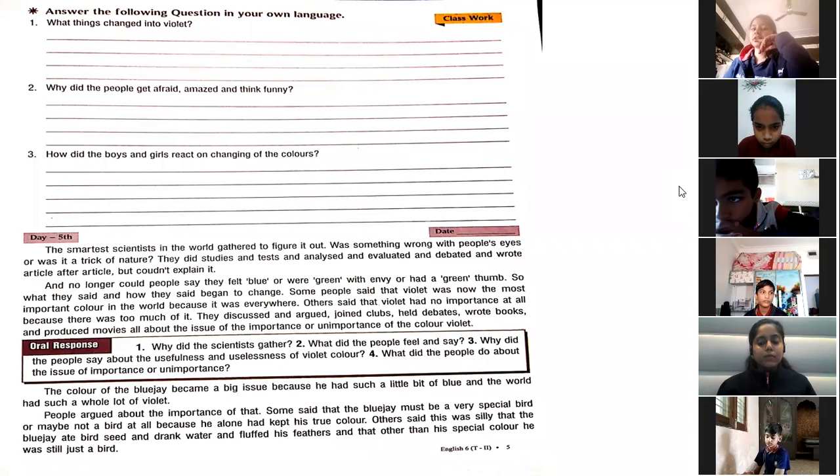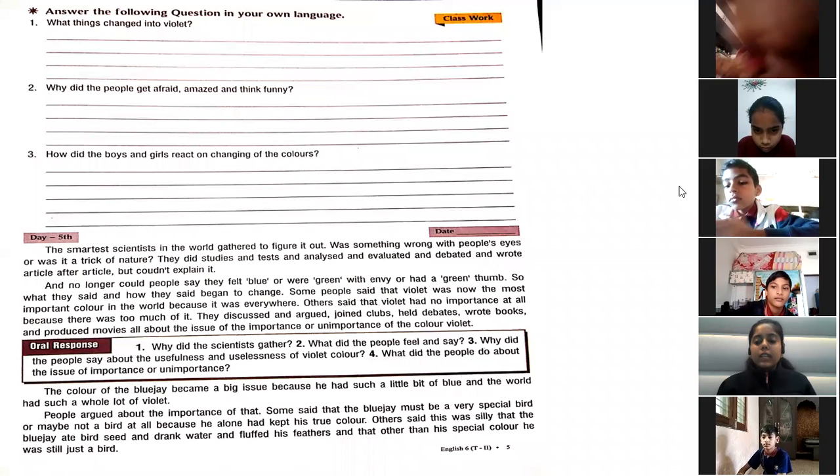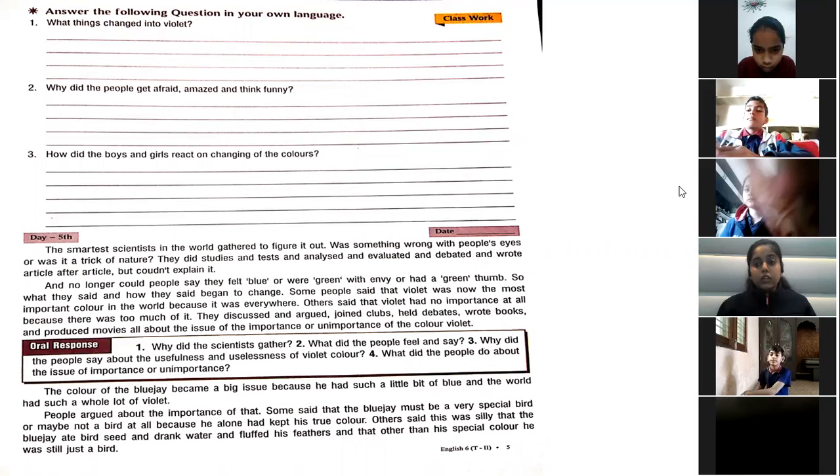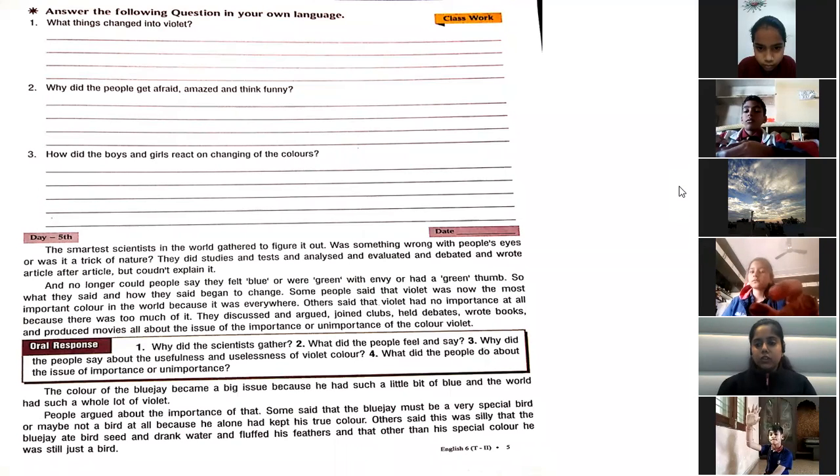violet has no value. See, हम इस बारे में बात क्यों कर रहे हैं कि वायलेट कलर जो है वो यूजफुल है या नहीं है? एकदम से वायलेट कलर की बात आई कहाँ से दुनिया में? ऐसा क्यों हुआ? Yes, Anusha, try answering the question.